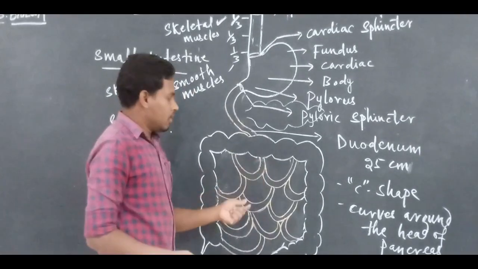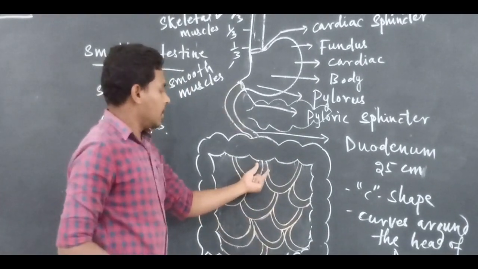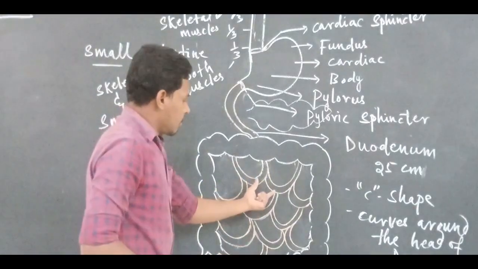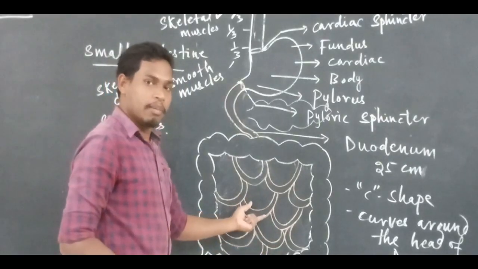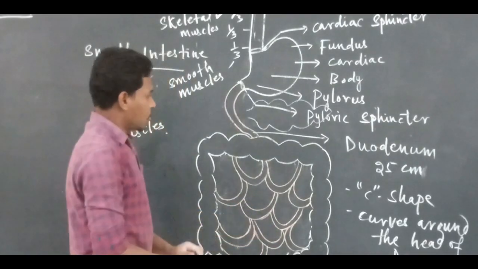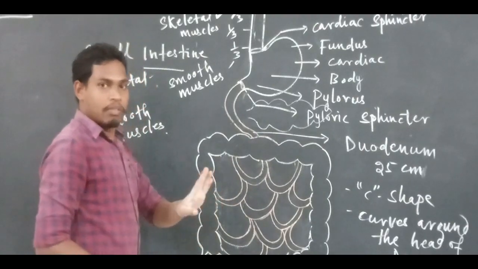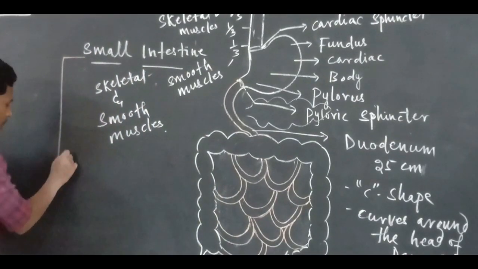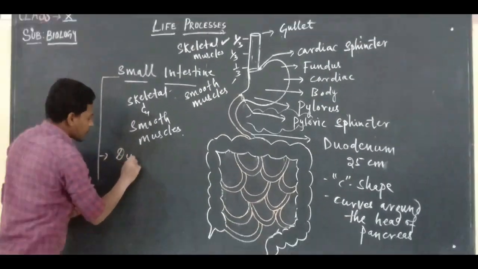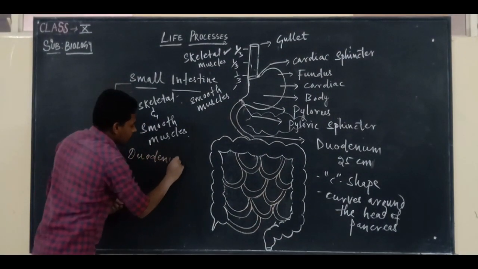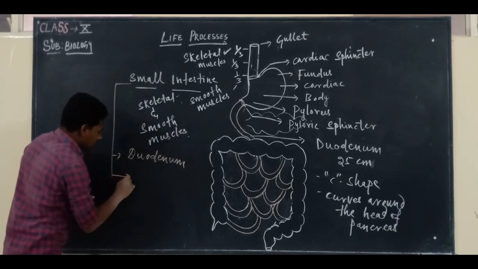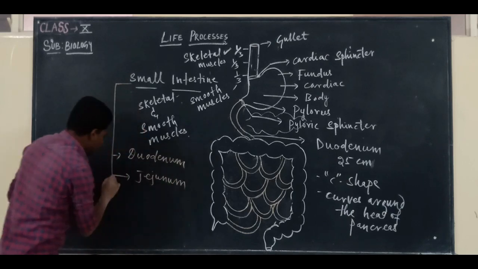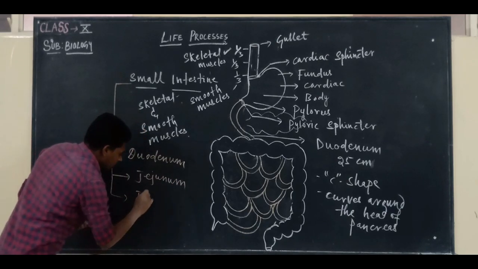Jejunum is highly coiled, and the jejunum is followed by ileum. So the intestine mainly has three parts. The first part is duodenum, the next part is jejunum, and the last part is ileum.